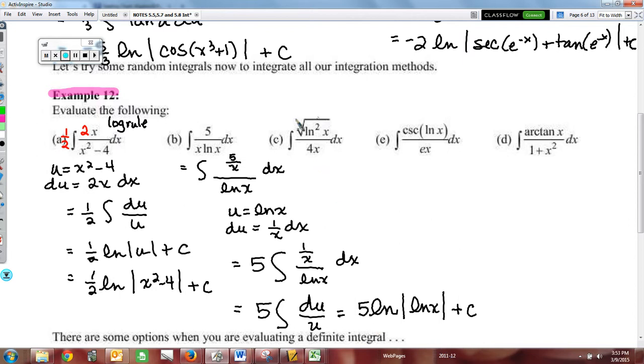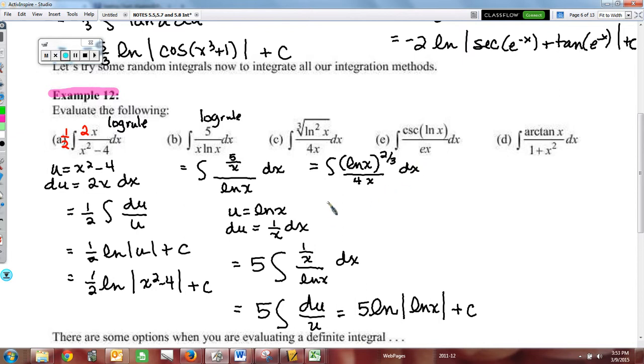All right, now taking a look at this one. This one is an example of where it's going to be a u substitution, and I am going to let u equal natural log of x, but it's not going to end up being a log rule for the antiderivative. Let's take a look at what happens here. If I rewrite this, it is going to be the integral of natural log of x to the 2/3 over 4x, and then my dx.